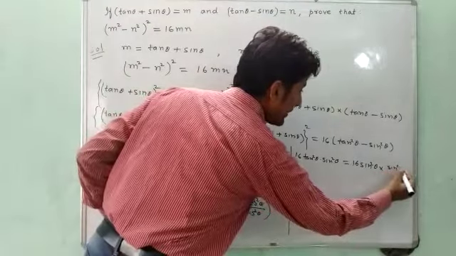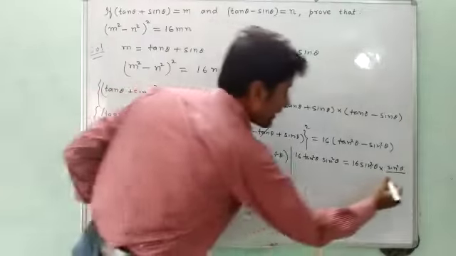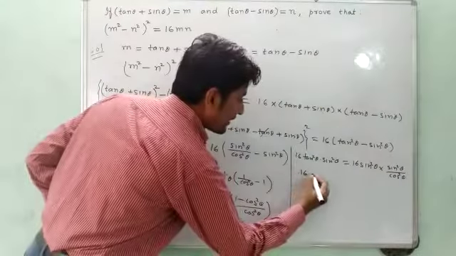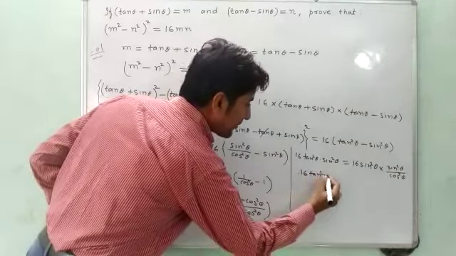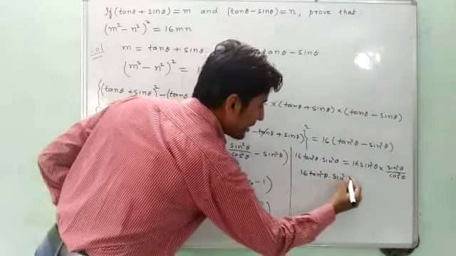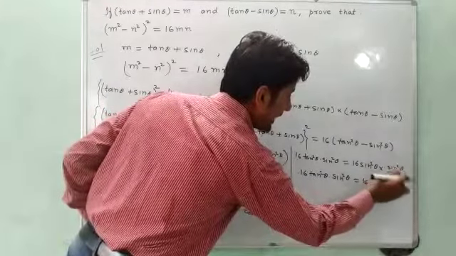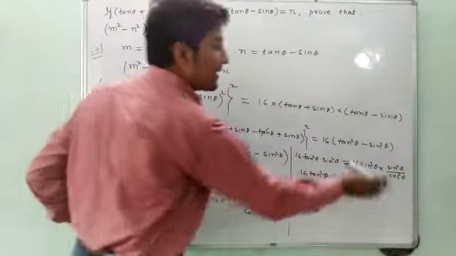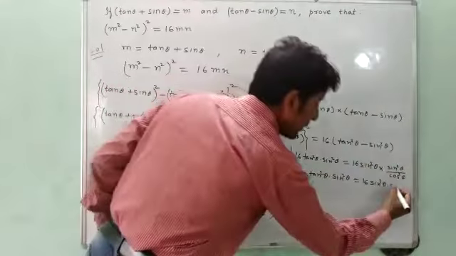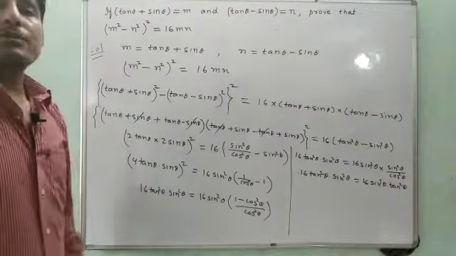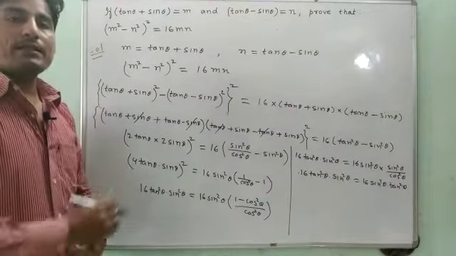So we can write here sin square theta upon cos square theta is already there. So finally we can write here 16 tan square theta into sin square theta equals 16 sin square theta into sin upon cos equals tan, means sin square upon cos square equals tan square theta. So LHS and RHS both are equal, hence it is verified.